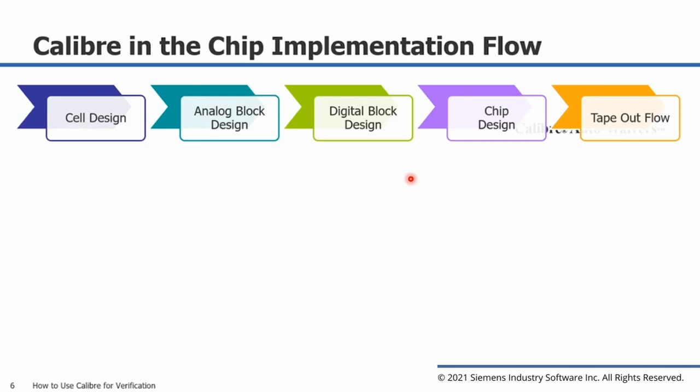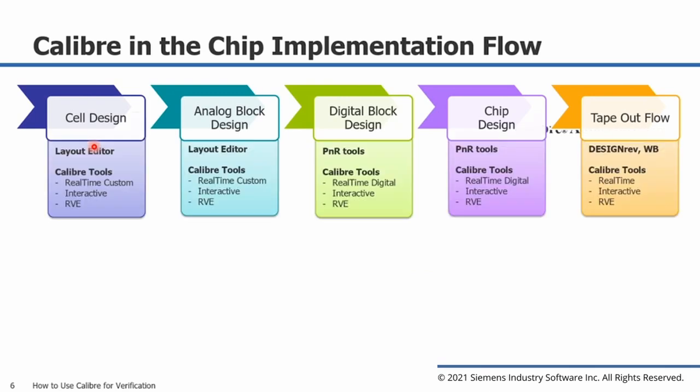Calibre tools are involved in many stages throughout the design flow. You can see here cell design, analog block, digital, chip design, and tape-out. Calibre tools are involved, and here is the sum of the tools that have been used throughout each different stage of design.